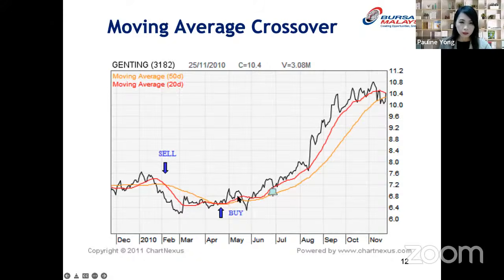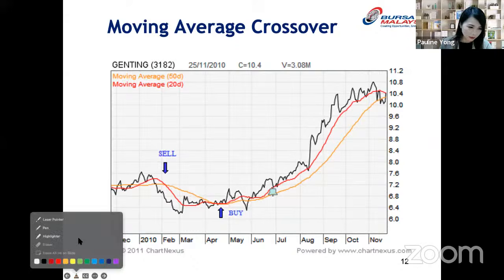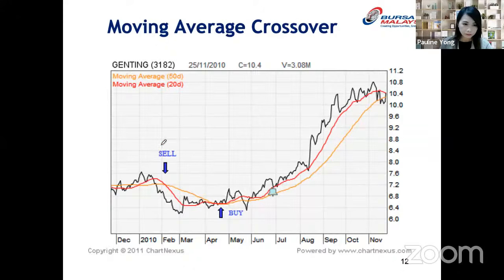For this combination, 20 and 50, the crossover, we call it a golden cross. Okay, so there's a term for it. It's called the golden cross. And when the 20-day crosses below it, we call it the death cross. Death. Okay, the name is scary. This one is a death cross, and this one is a golden cross.